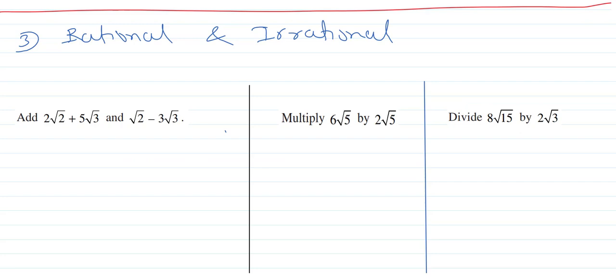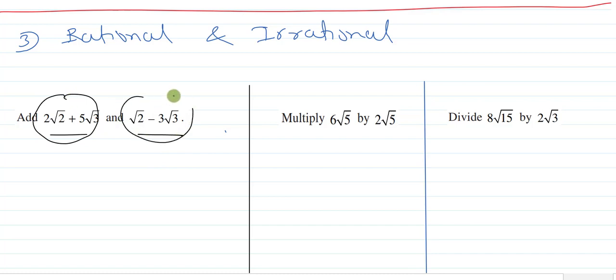Now start with the third type, that is operation on a rational number and an irrational number, that is one rational number will be there and the second one will be the irrational number. So here you can see these are the examples of two irrational numbers, right? This is also an irrational number, this is also an irrational number. So this is an example of irrational number and irrational number addition. This will not come in this category, right?